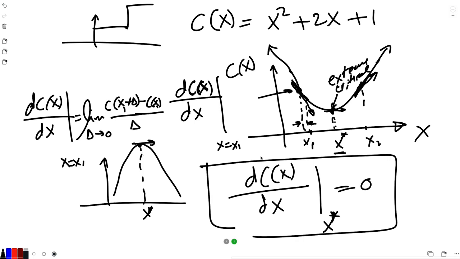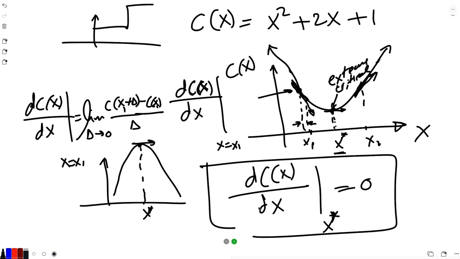So when the differentiation at any point is equal to 0, it means that we are at an extreme point. This extreme point can be a minimum or a maximum. We don't know yet, by looking only at the differentiation itself, whether it is a maximum or a minimum.